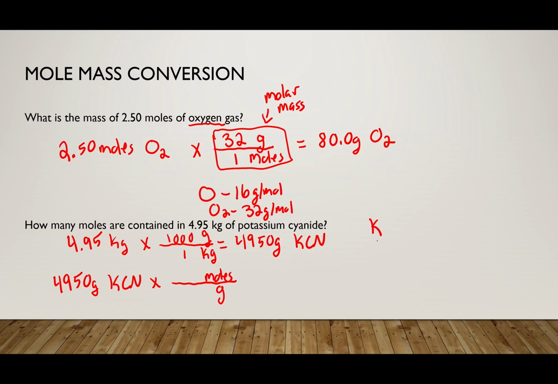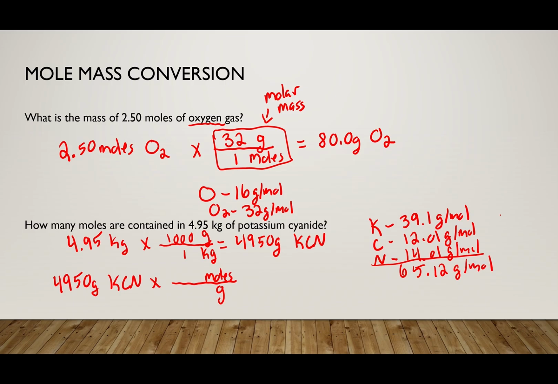We break down the components of potassium cyanide, and we check the periodic table for their masses. Potassium has a molar mass of 39.1 grams per mole. Carbon has a molar mass of 12.01 grams per mole. And nitrogen has a molar mass of 14.01 grams per mole. We add all this together, and we get that the molar mass of KCN is 65.12 grams per mole.